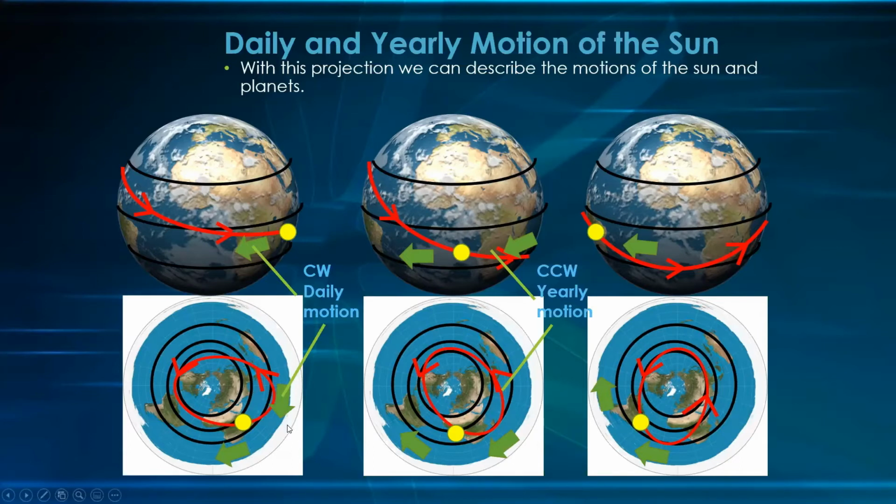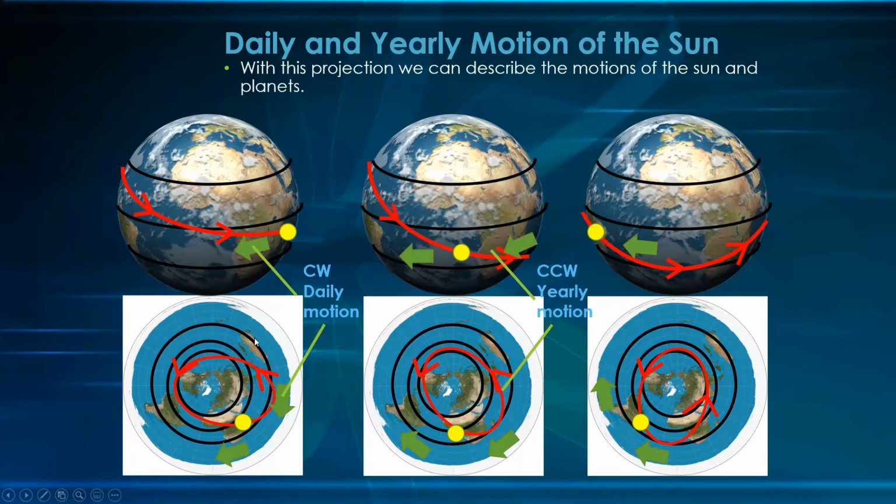And the way that we can understand the movement of the sun in this projection is the following. Imagine that this map down here is rotating in the clockwise direction, at a rate of one rotation in 24 hours.